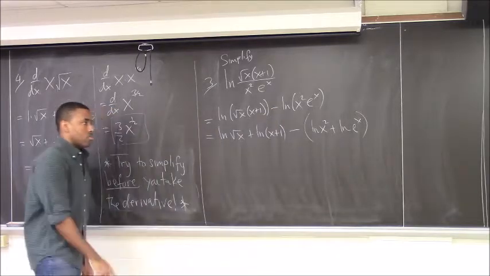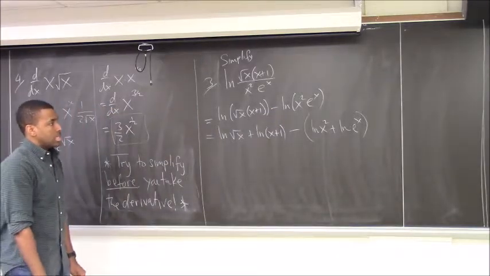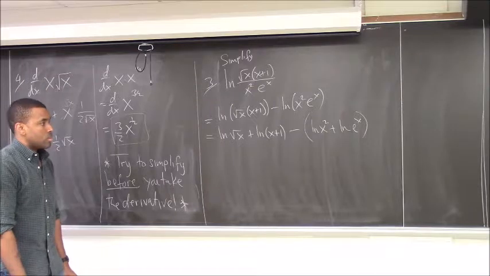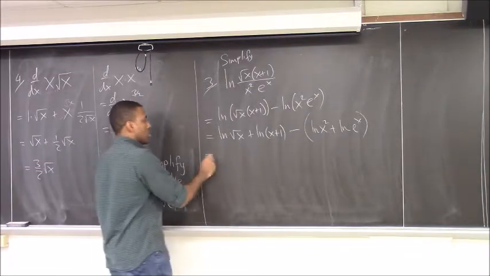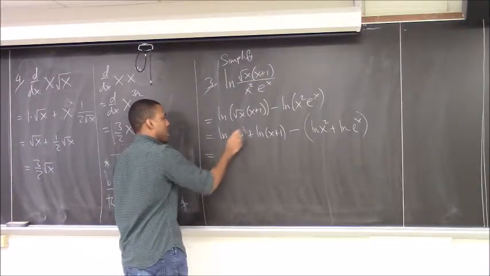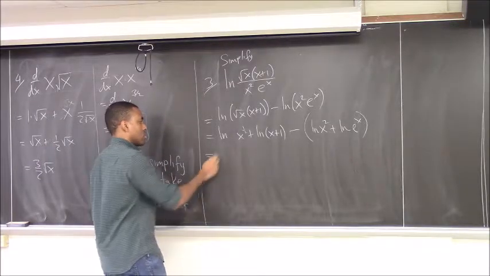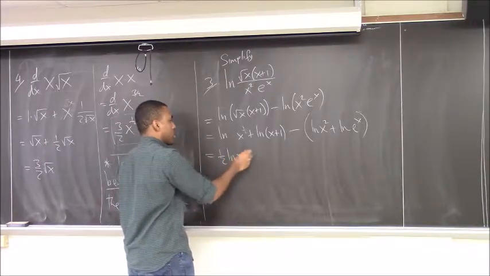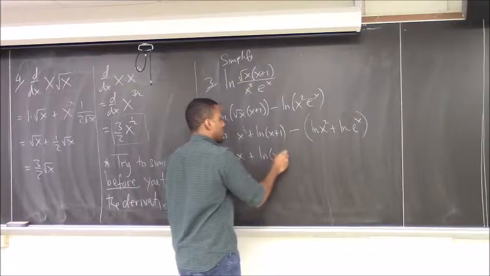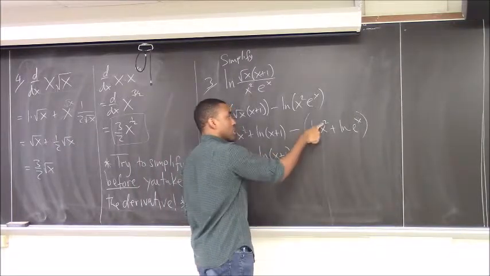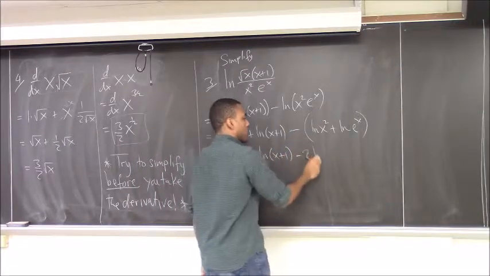Okay. And then what? Ln of the square root of x is ln of x to the 1/2. You can rewrite the square root as x to the 1/2, and then I brought that half down as a coefficient. There's a rule that says you can bring that down. There's a rule that says I can bring this square down as well.